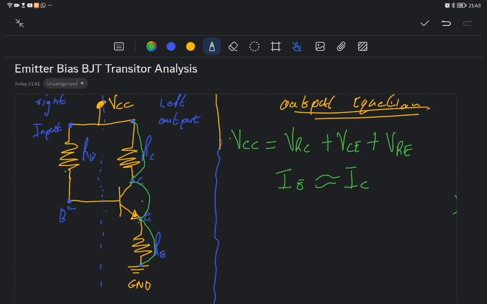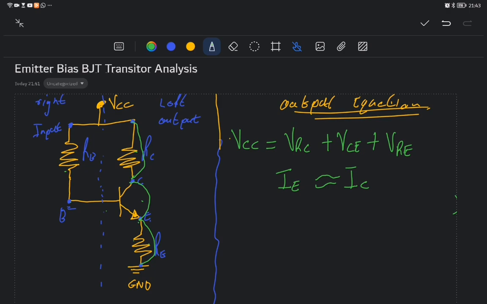You have to always, when you get to this step, before you go any further, before you expand, say IE is approximately equal to IC, because the difference is not that big.